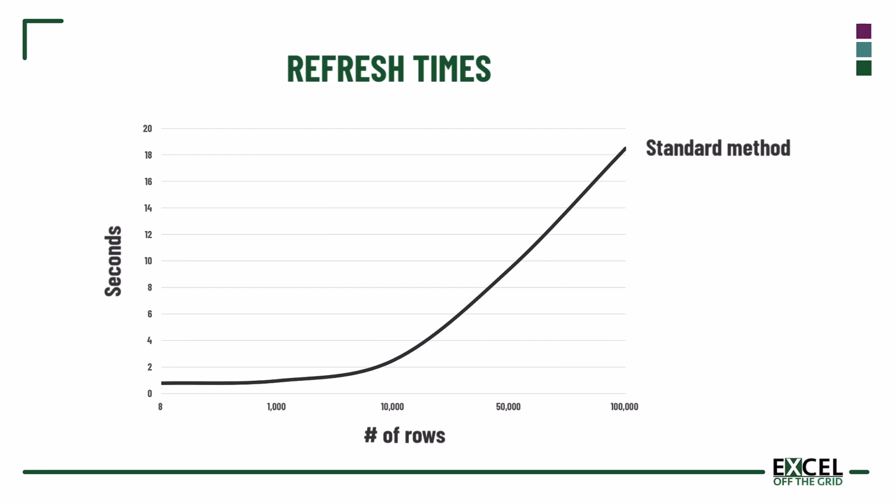So if we transpose the values and then later in the query transpose them back, all we're doing is increasing refresh time without doing anything with those values. With 8 rows of data, as in our example, it makes little to no difference. But as you can see here, with increasing volumes of data, the query becomes slower and slower, where 100,000 rows refreshes on my PC in 18.5 seconds. But if we apply the technique that I'm about to share, the query will refresh in half that time.